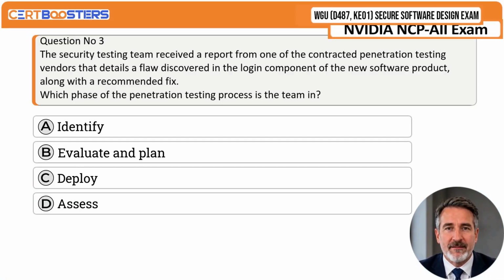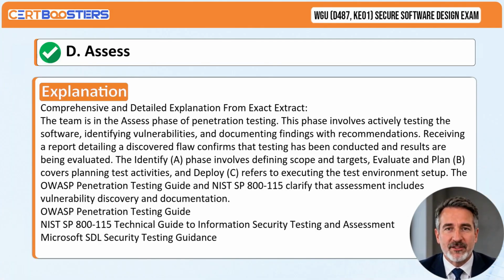Question No. 3. The security testing team received a report from one of the contracted penetration testing vendors that details a flaw discovered in the login component of the new software product, along with a recommended fix. Which phase of the penetration testing process is the team in? A. Identify. B. Evaluate and plan. C. Deploy. D. Assess. Correct answer: D.